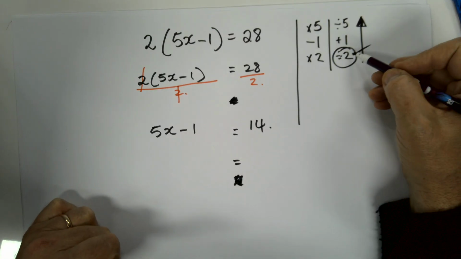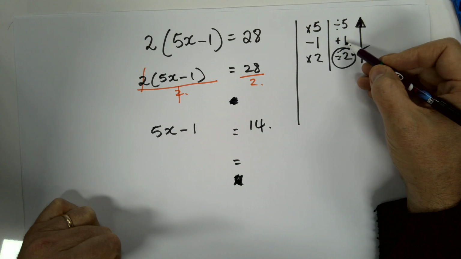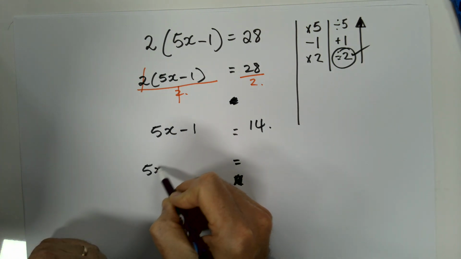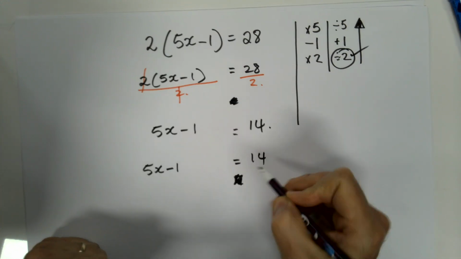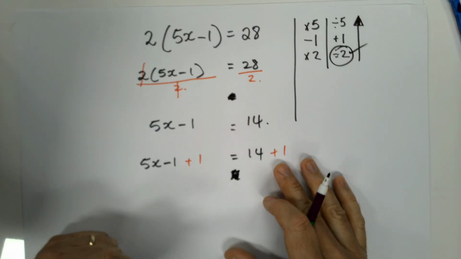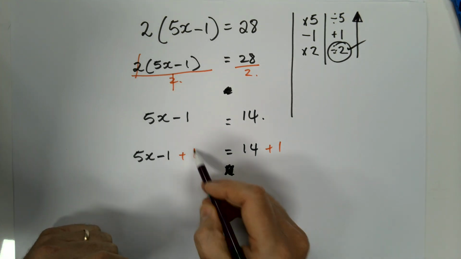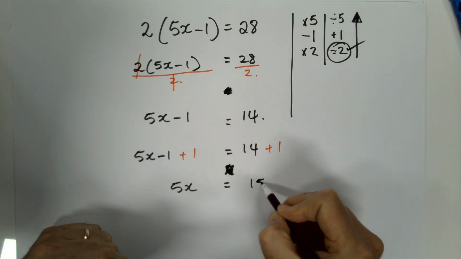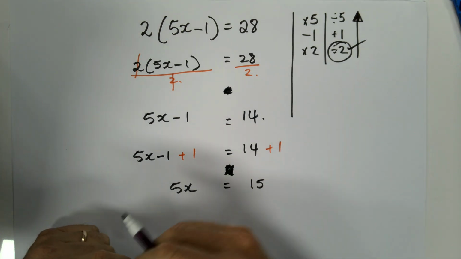Okay. Righto, done. Tick, done that one. Righto, now I add 1 to both sides. All right, so I've got 5x minus 1. I've got 14. I'm going to add 1, add 1. They vanish. So I've got 5x equals 15. And you can kind of see where it has gone now.